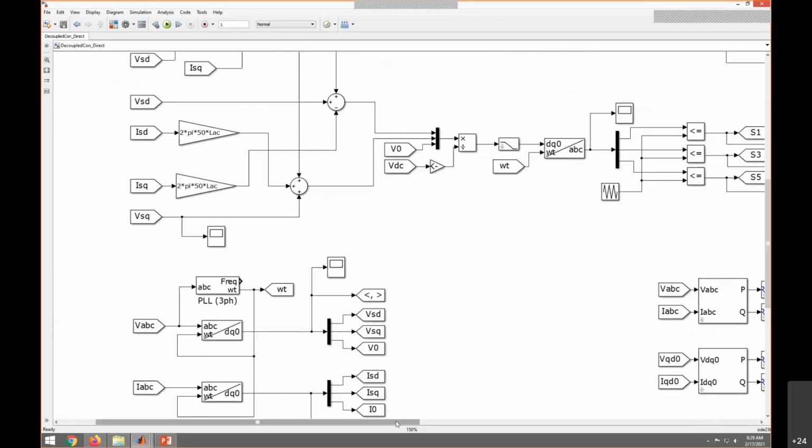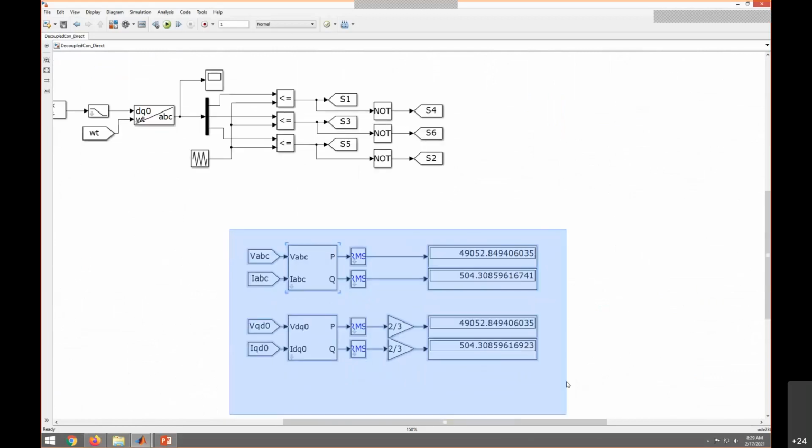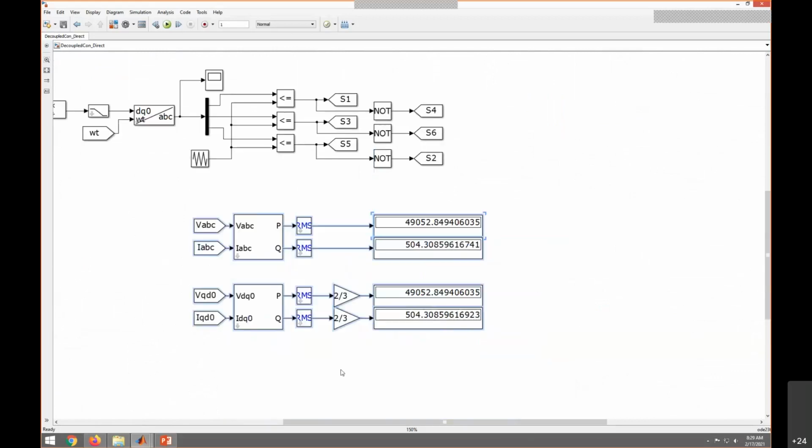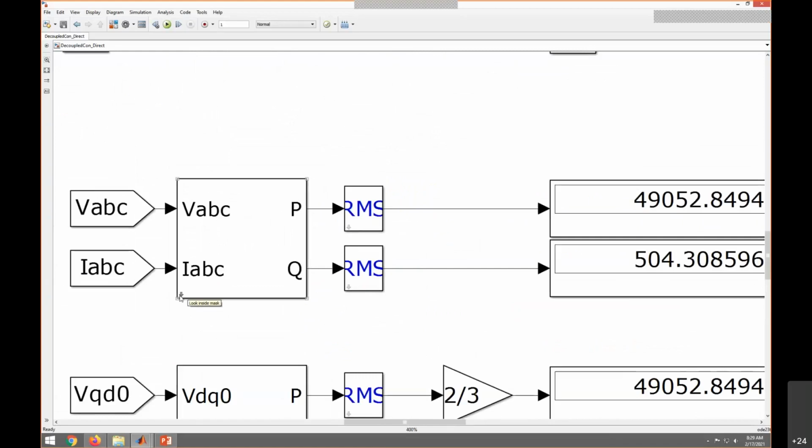So by measuring these three phase powers. So these are three phase powers in ABC reference frame, and these are three phase powers in DQ reference frame. Okay. So this is VABC, IABC. These are the inputs for this power measurement. So this gives you the instantaneous powers P and Q. This is the power measurement block.